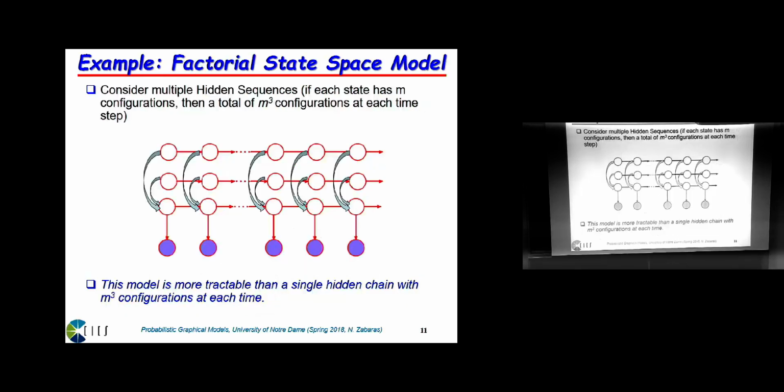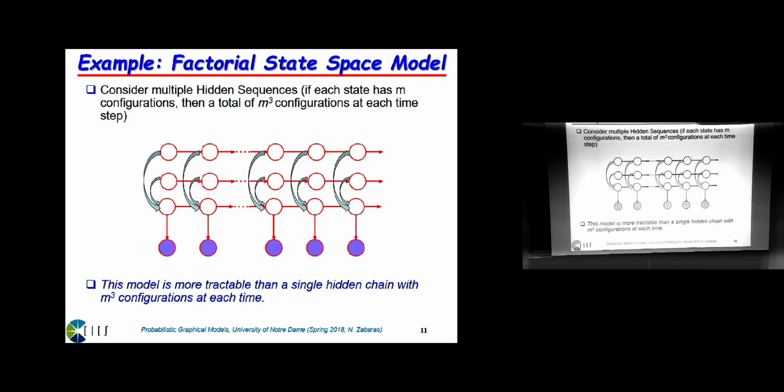Okay. On the state space models, you can have multiple chains, and you can see an example here of a factorial state space model. So if you think that each of these hidden states on the first chain can take m values, and this can take m values at each time, you basically have m cubed configurations at each time.